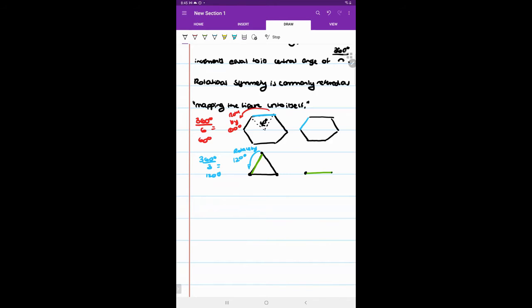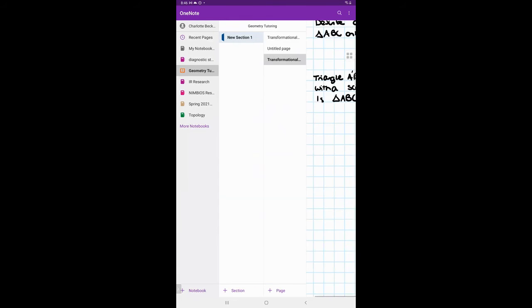So again, the rotational symmetry theorem states that if we have a regular n-gon, a regular polygon with n sides, then rotating by an angle equivalent to 360 degrees divided by the number of sides means that you'll get the same image. So that's rotational symmetry.